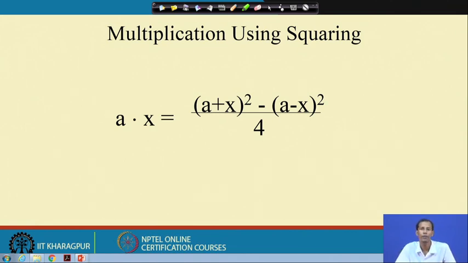Apart from that, this multiplication architecture is such a dynamic field. People are doing more research on finding an efficient architecture for designing multiplication.